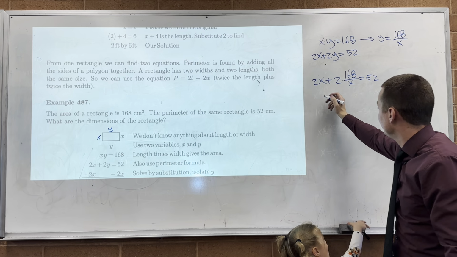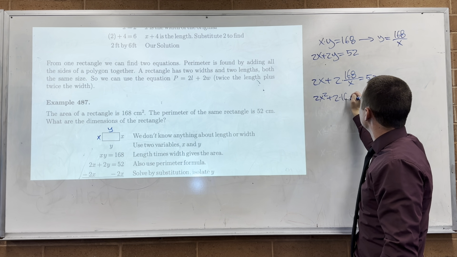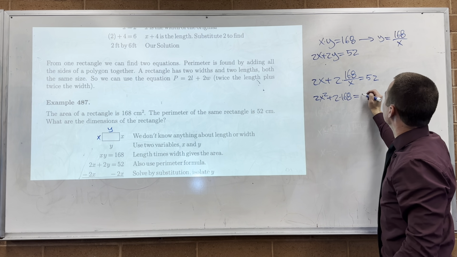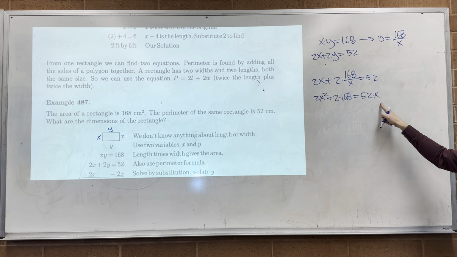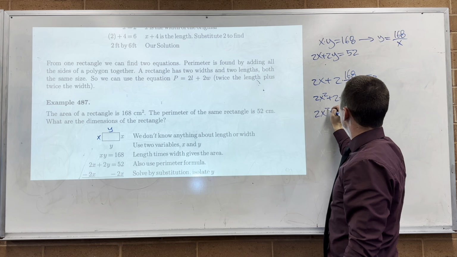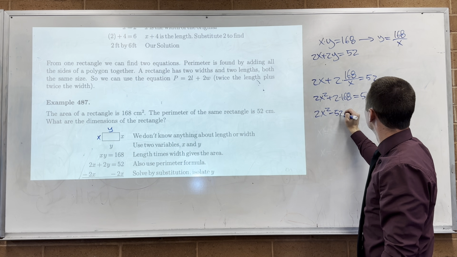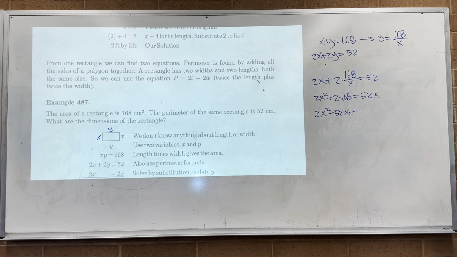So then we're left with 2x squared plus 2 times 168. We don't have the x in the denominator anymore because we multiplied by x. Is equal to 52 times x. Multiplied every term by x. You follow that? Now I'm going to get everything on this side. 2x squared minus 52x plus, what's 2 times 168?